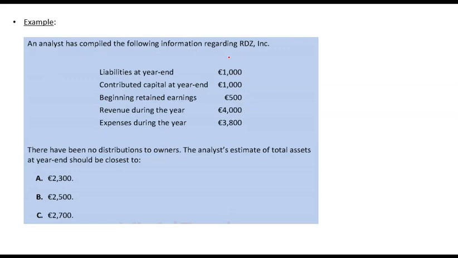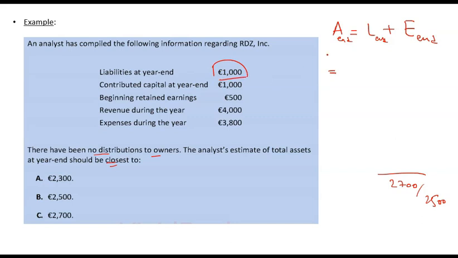Now if you want to deep dive further, an analyst has compiled the following information regarding RDZ. There have been no distributions to owners. The analyst's estimate of total assets at year end should be closest to what? So what is assets? Assets are liabilities plus equity. So assets at end would be liabilities at end plus equity at end. Liabilities at year end are 1000, plus what is equity?